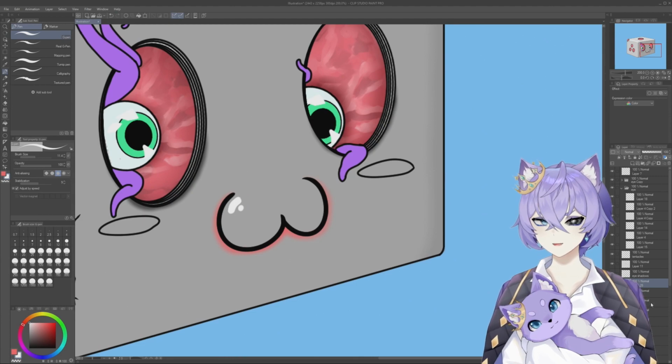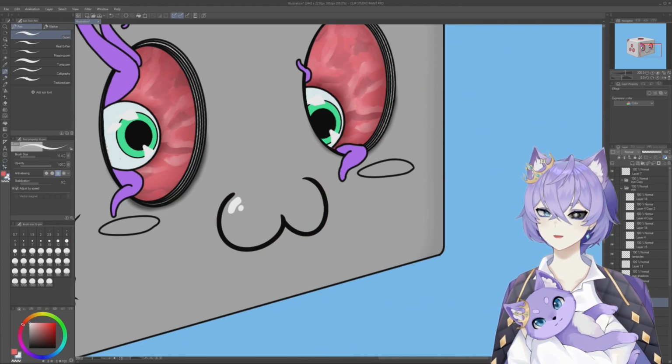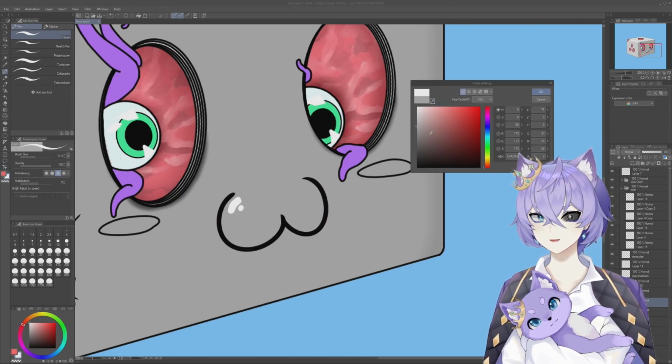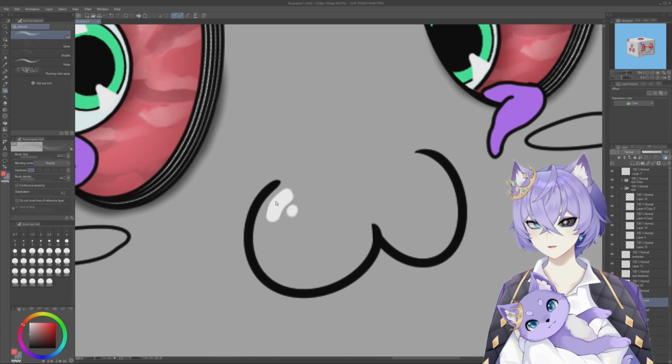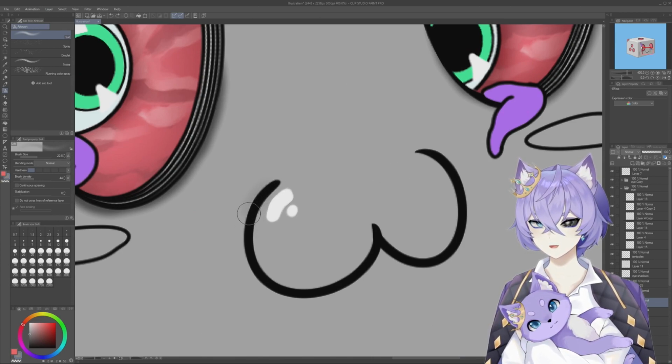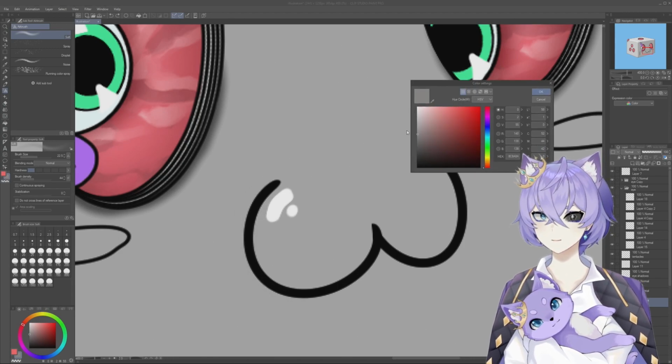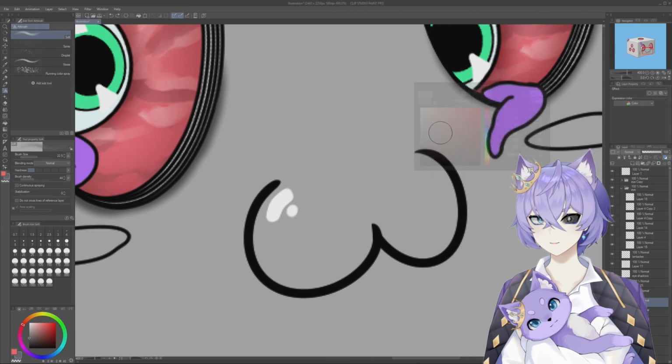And then rather than the red highlight underneath, maybe what I do instead is take this shading, drop it even darker, get the airbrush, and then paint along this to give it a 3D illusion almost. Let's go even darker. Let's go down to here.